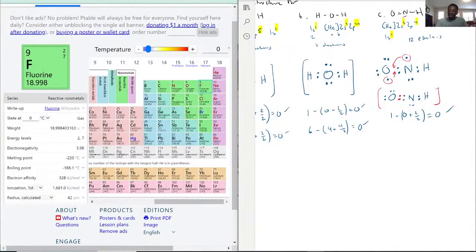Oxygen is 6 minus, it has 4 by itself and it's sharing 4 with nitrogen, so it's still 0. And nitrogen is 5 minus, it has 2 by itself and it's sharing 6 with the surroundings, which is perfect, because that's exactly what we want.